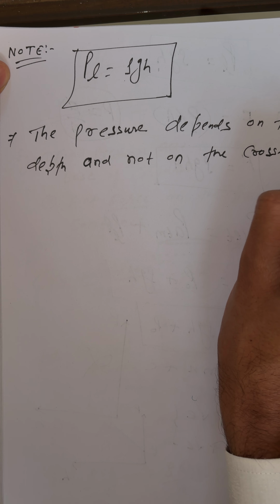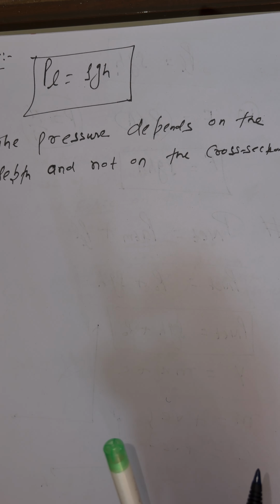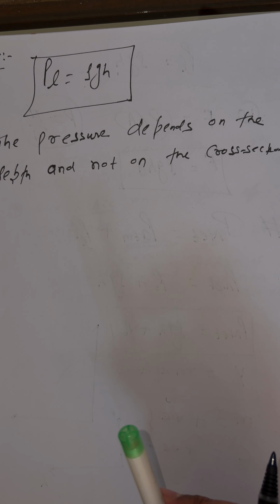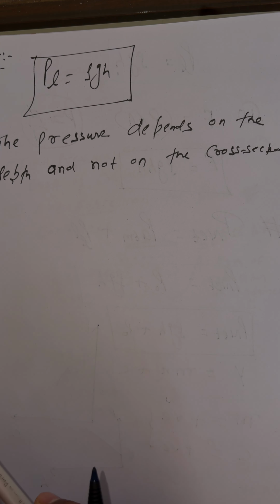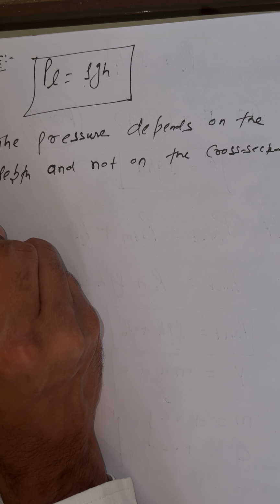Not on the what, students? Cross section means area. So pressure depends only on the liquid height filled in the container. That's all. Now students, we'll go through the next numerical.